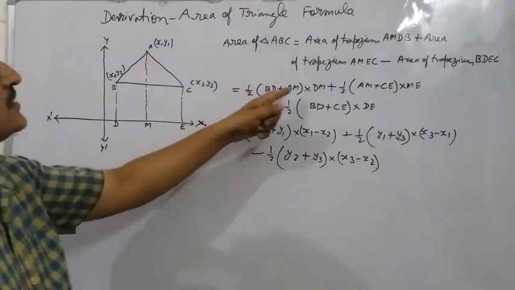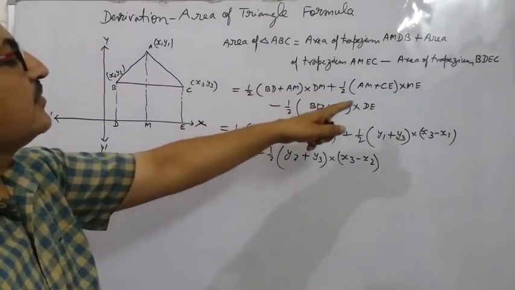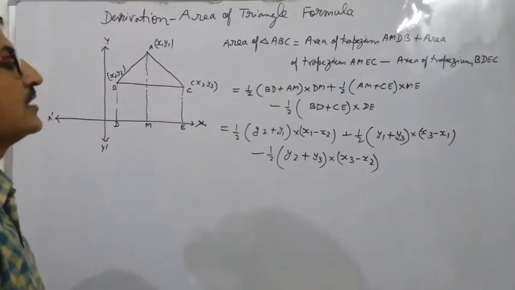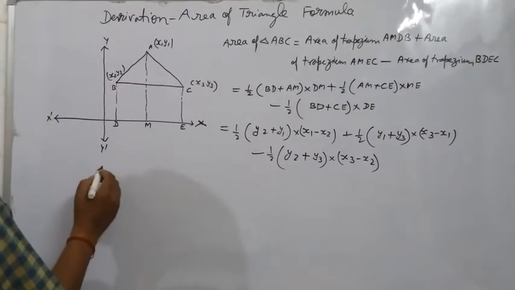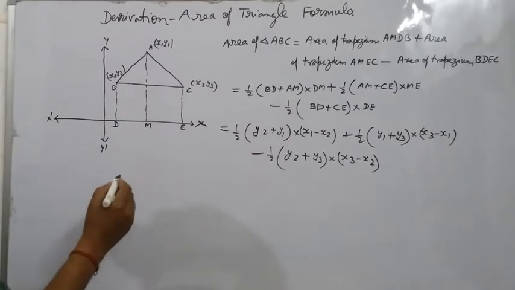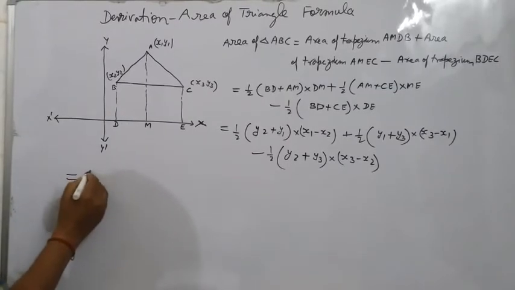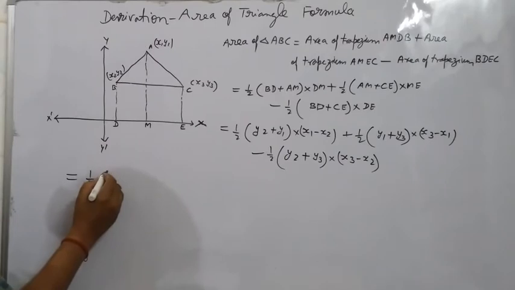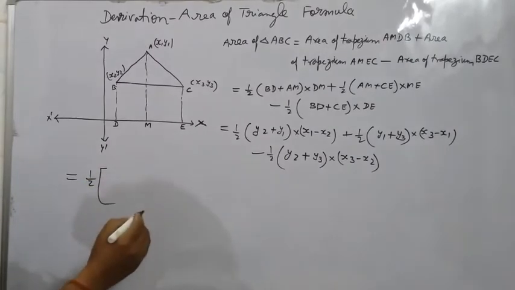So whatever BD, AM, DM were, I have converted into coordinates. Now put those values, with 1 by 2 common for everyone.